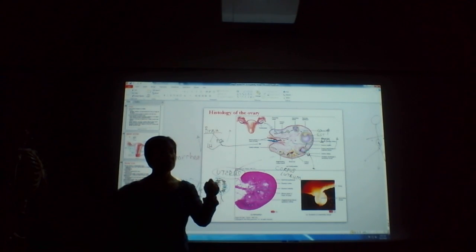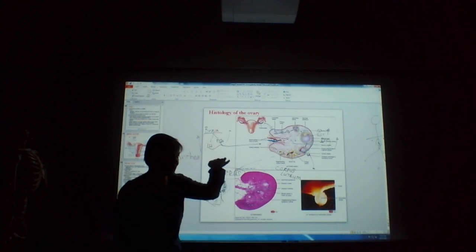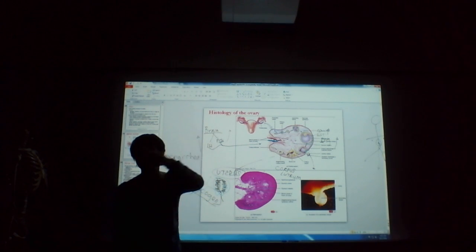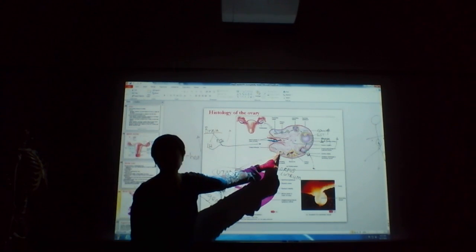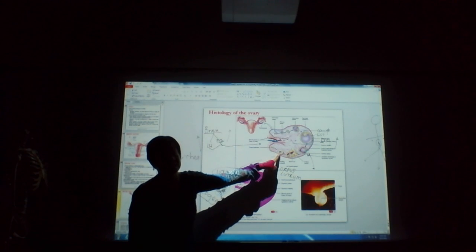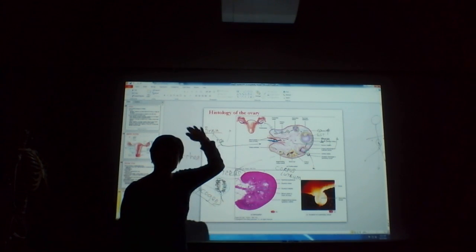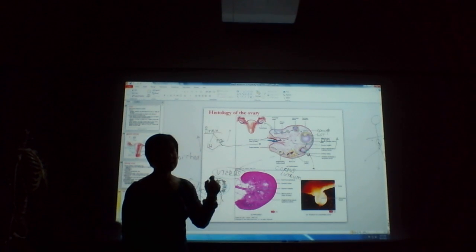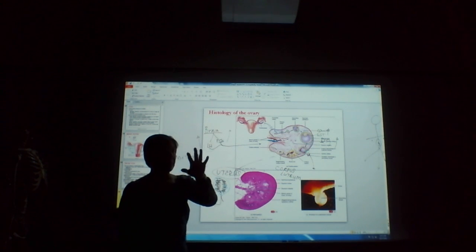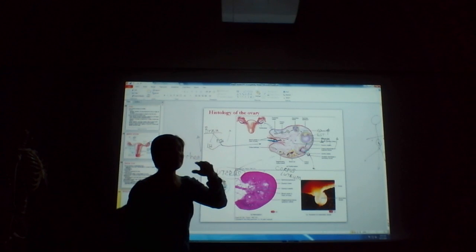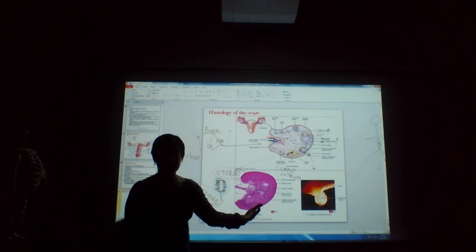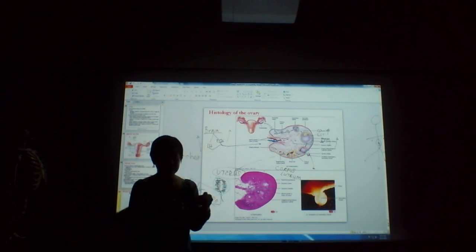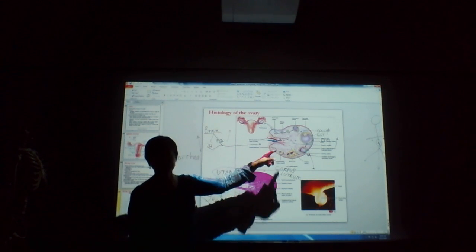So as long as progesterone is up, which means as long as this corpus luteum is active, you will not menstruate.